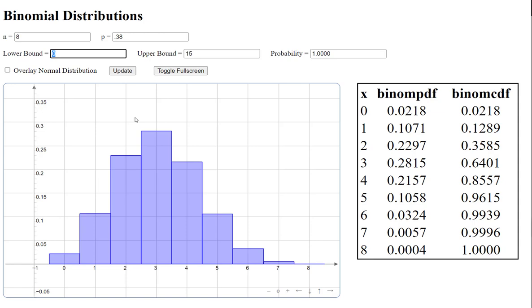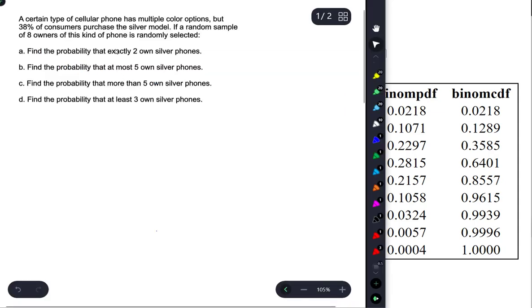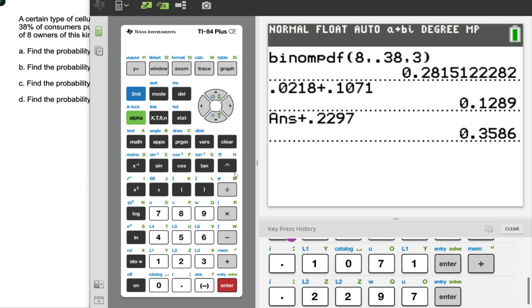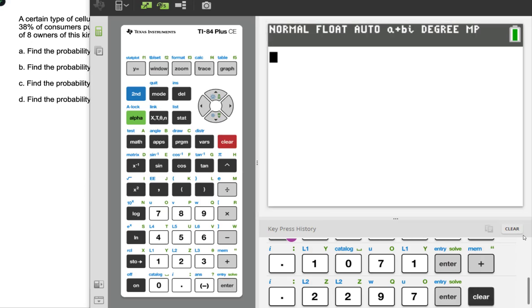Let me just highlight that bar. I just want the height of this one bar, and I can see it right here is 0.2297. Using the calculator, if I'm answering any question with the wording of exactly some number of successes out of my group, then I know to use binomial PDF.